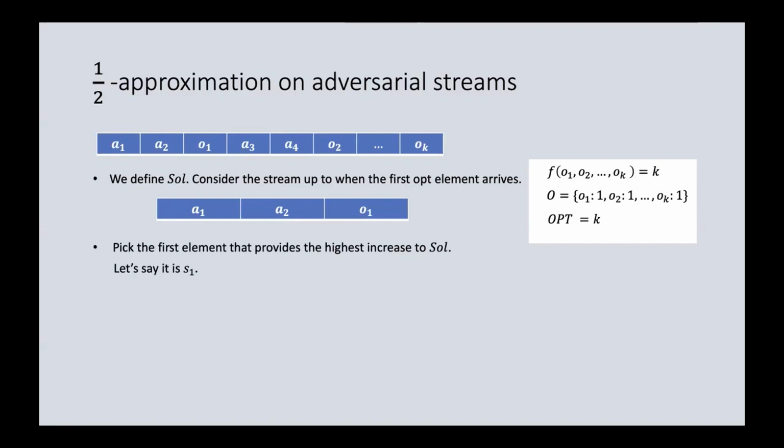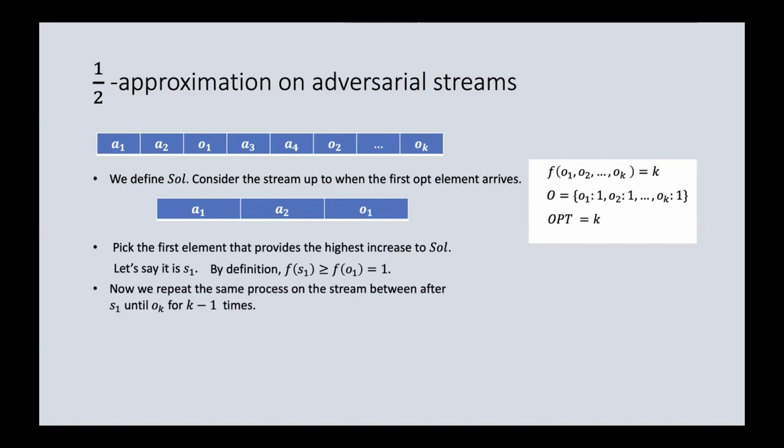Let's say it is S1. By definition, f of S1 is at least f of O1, which happens to be 1. Now we repeat the same process on the stream after the element S1, k minus 1 times, to get the final solution sol of k elements.